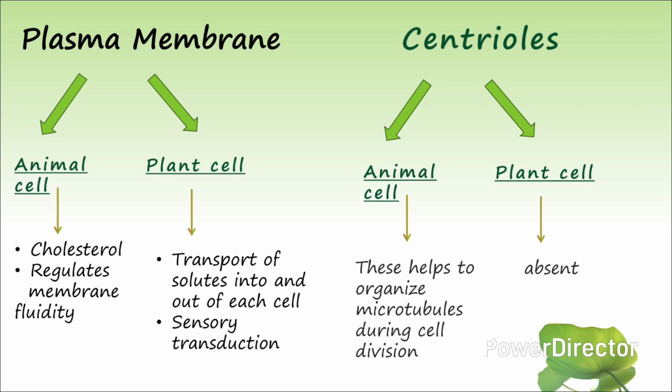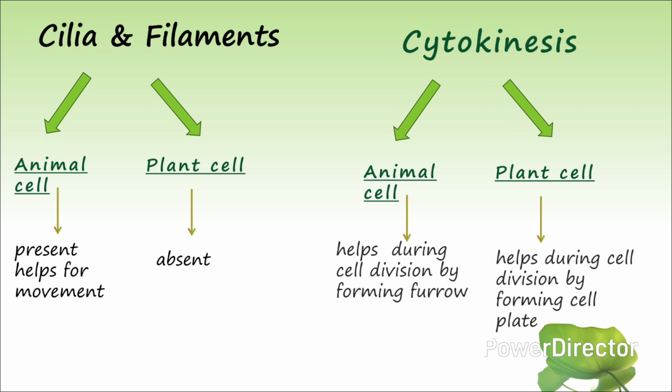Next is centrioles. Animal cells contain these cylindrical structures that organize the assembly of microtubules during cell division, whereas plant cells do not contain centrioles. Cilia and filaments. Cilia are found in animal cells which help in locomotion but are not usually present in plant cells.